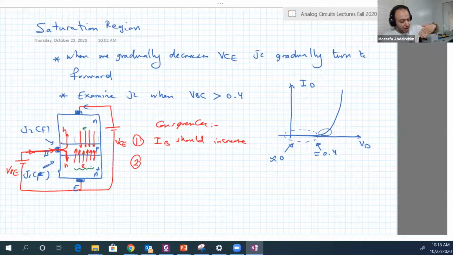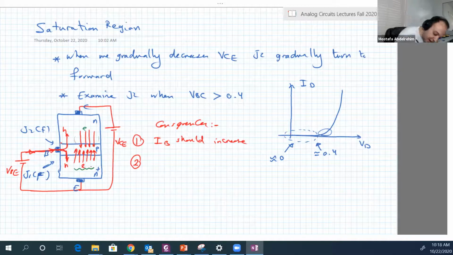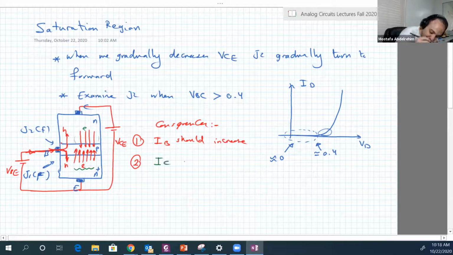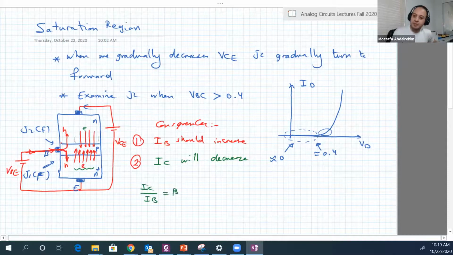So now there will be a net current, and this will be subtracted because they are in opposite directions. So IC will decrease. In the beginning, in active region, IC over IB is equal to beta.